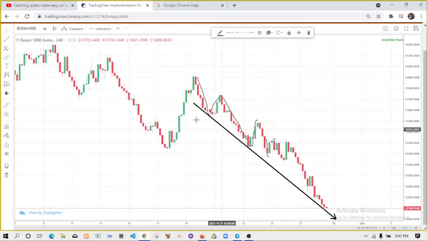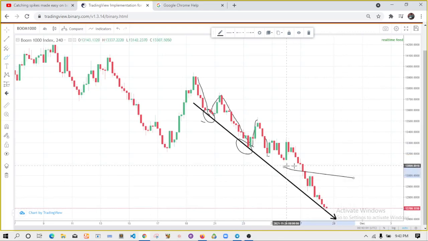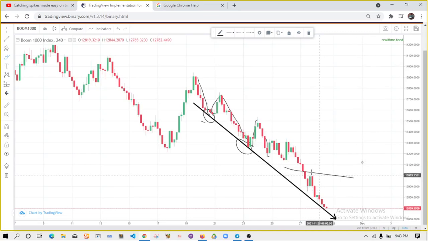So what you need to do is to pick two points. You pick these two lows here and connect your line straight to that point, then extend the line. You can see what I did right there.